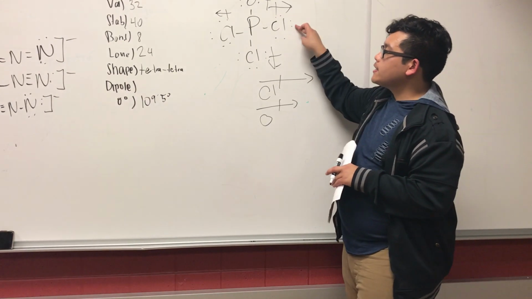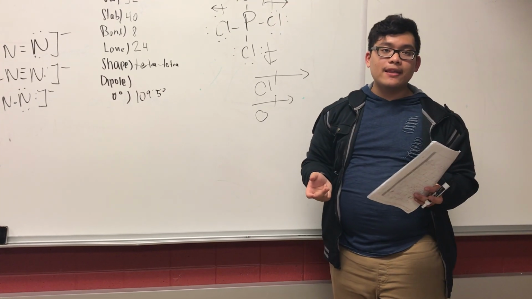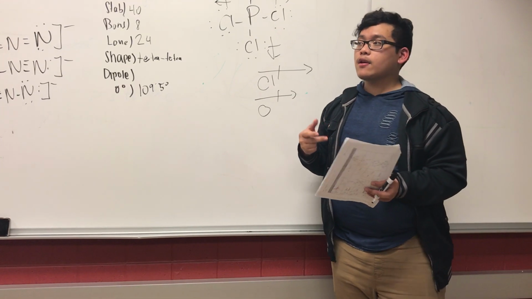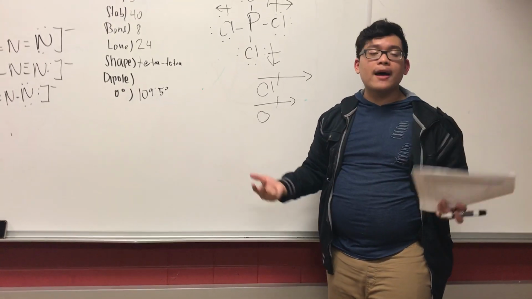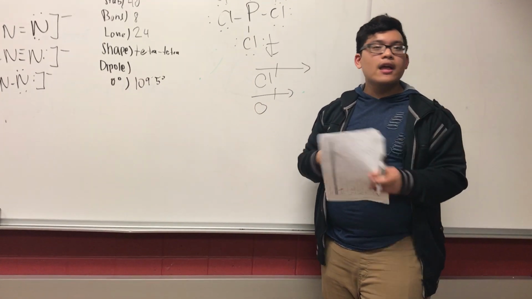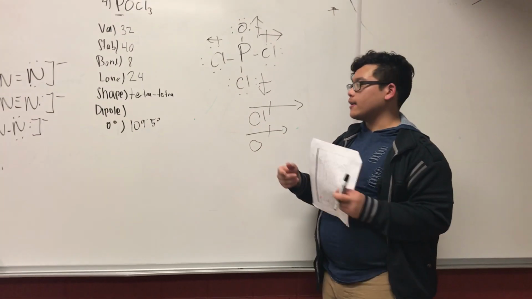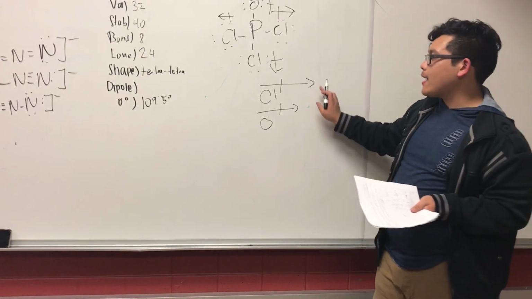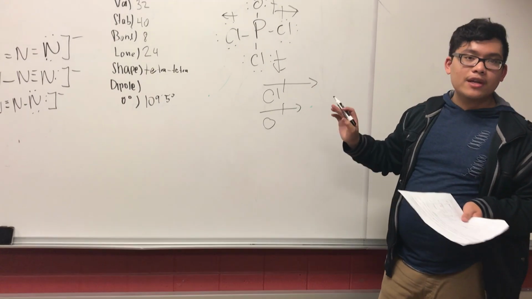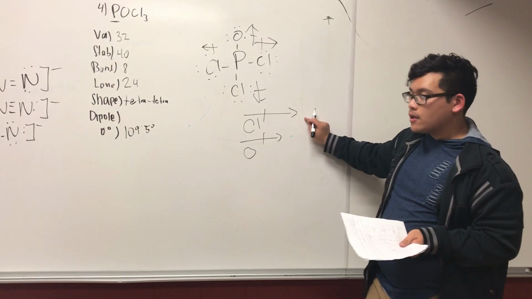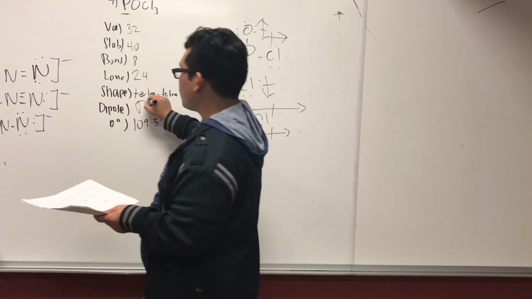Here's the thing, Cl and O are different elements, meaning that if they're both more electronegative than P, since they're different elements, they're going to have a different amount of electronegativity. It's just a concept thing. They're different elements, they're more electronegative, but they're not the same element, meaning that their strength of electronegativity is different. So when this strength is different, it's going to be polar.